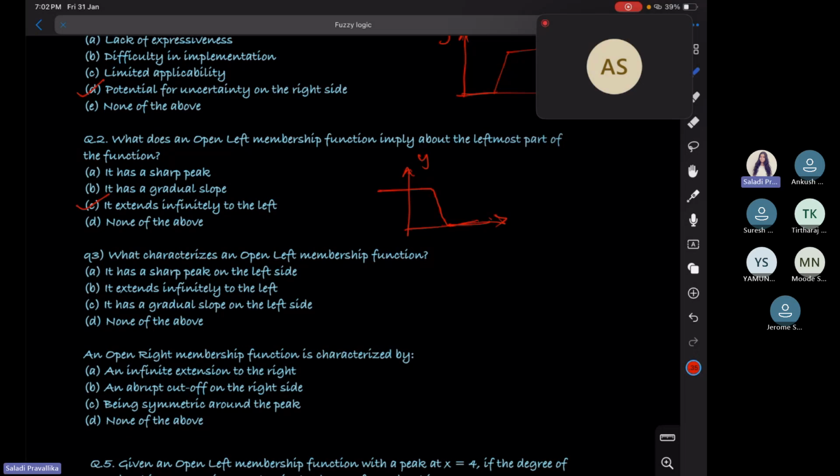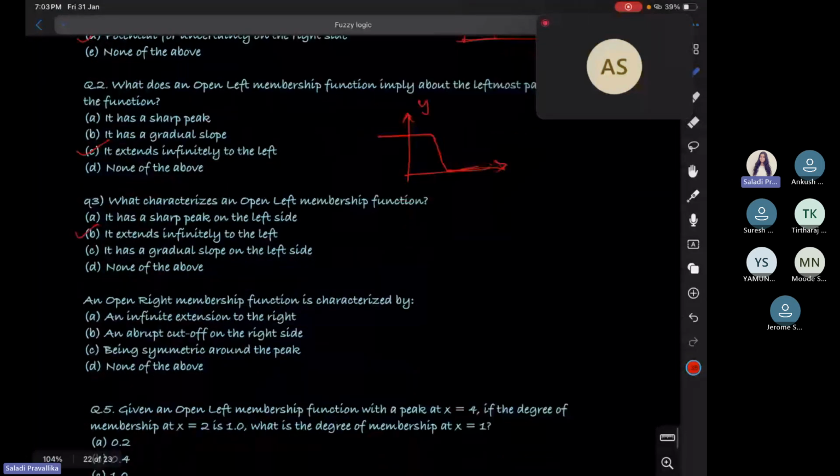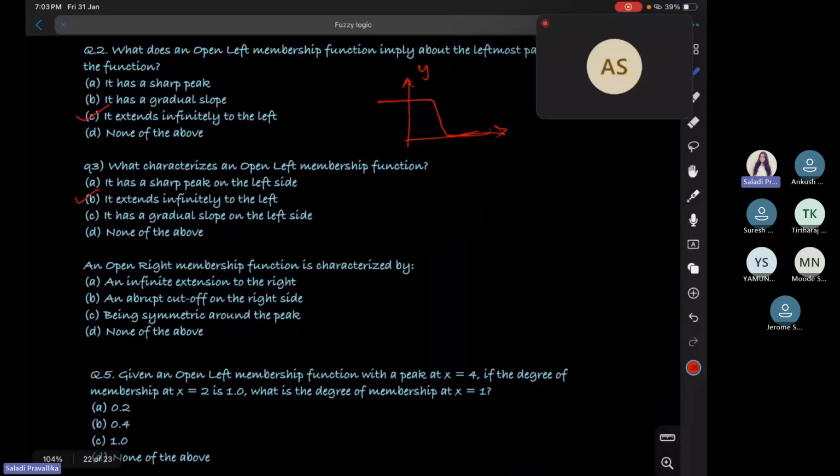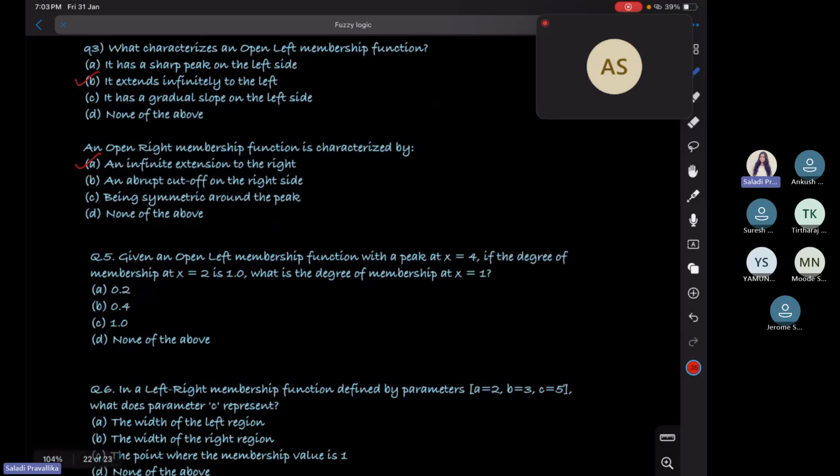So the open left membership function extends infinitely to the left, whereas the open right membership function is an infinite extension to the right. Okay, so let us see this question.